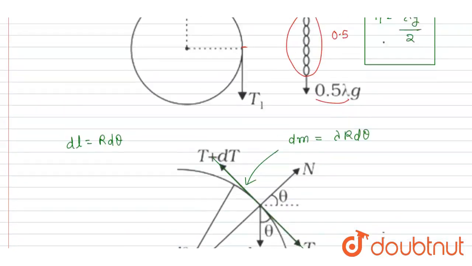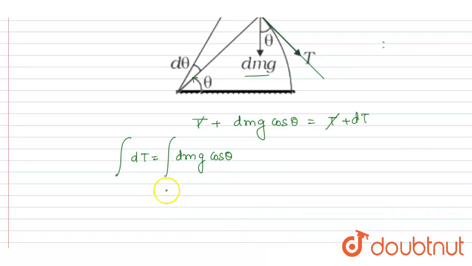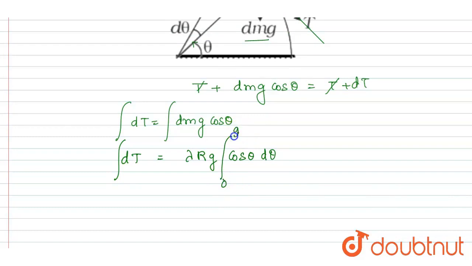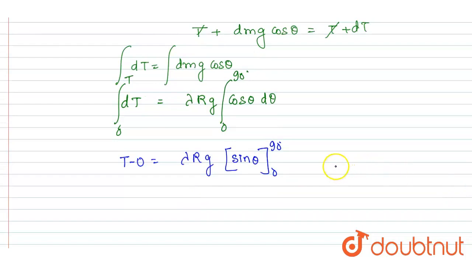Put the value of dm we already got, lambda r d theta, so dT is lambda r g cos theta d theta. The integration of cos theta is sin theta, from 0 to 90 degrees.